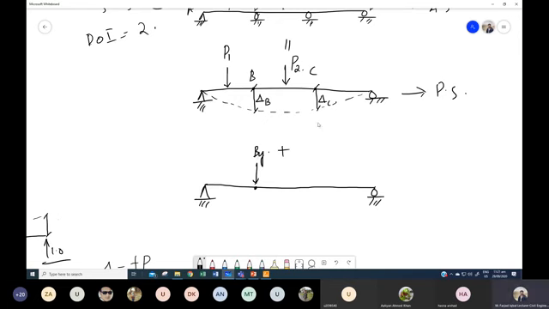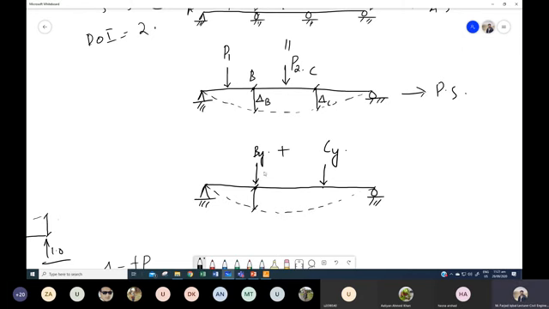So this is the redundant reaction at point B or at support B, and this is the redundant reaction at point C or support C. So again, due to these reactions, the beam will deflect something like this.